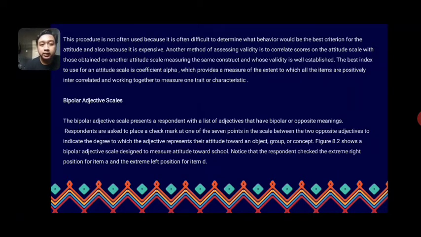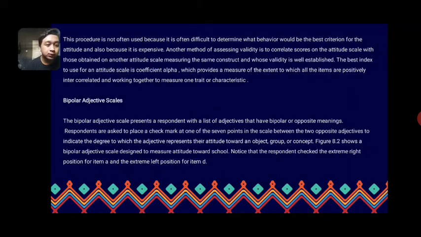Bipolar adjective scales. The bipolar adjective scale presents respondents with a list of adjectives that have bipolar or opposite meanings. Respondents are asked to place a check mark on one of the 7 points in the scale between the two opposite adjectives to indicate the degree to which the adjective represents the attitude toward an object, group, or concept.